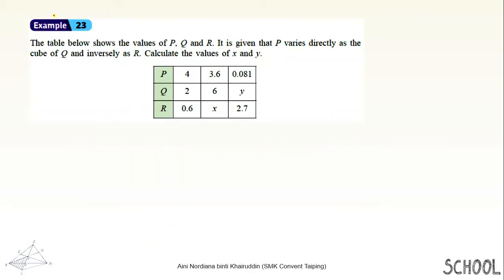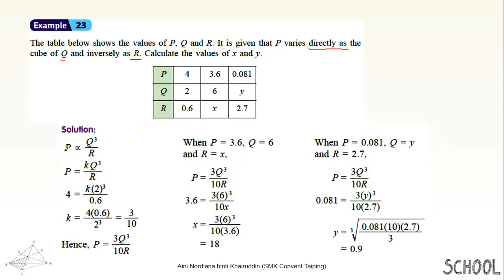Next, example 23. The table below shows the values of P, Q, and R. It is given that P varies directly as the cube of Q and inversely as R. So Q cube goes in the numerator, R varies inversely, so you put it in the denominator, then adding the k here, then substitute the value of P, Q, and R, then you will get the value of k.